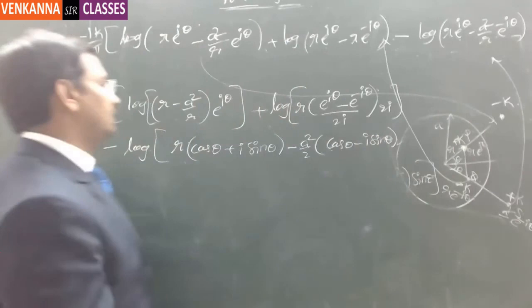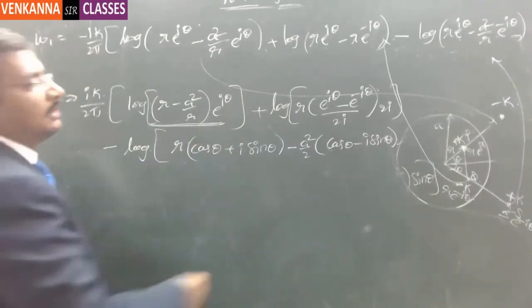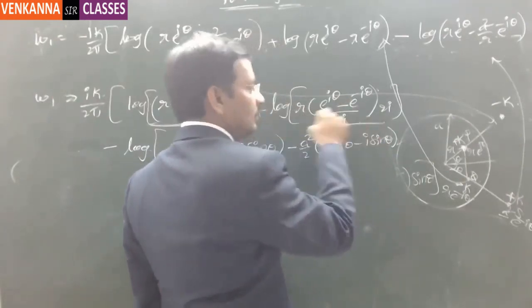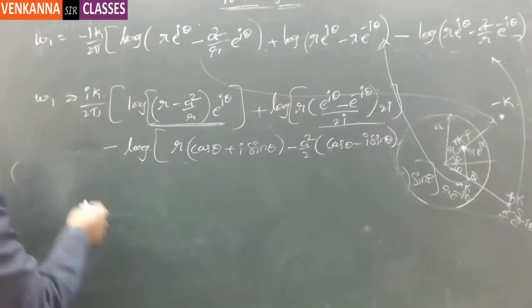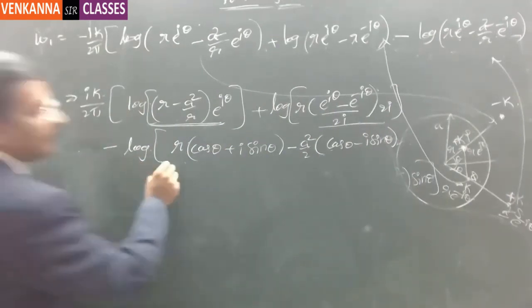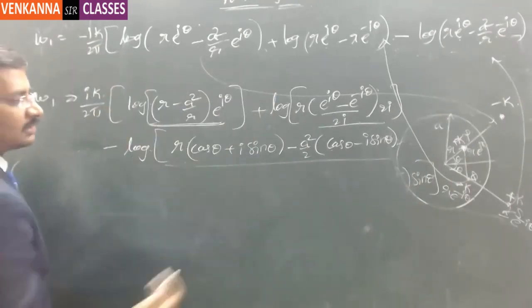This is how you can write. Now this part anyway you have separated the real part and imaginary part, and this part you can write as 2R sin theta times i. You can keep that as it is. Okay. So this part we will simplify. Just take only this particular part because it takes time to simplify.